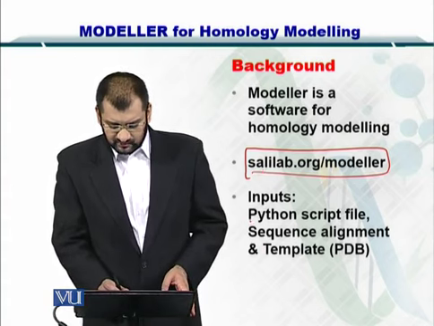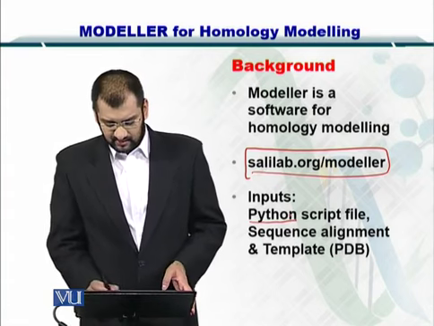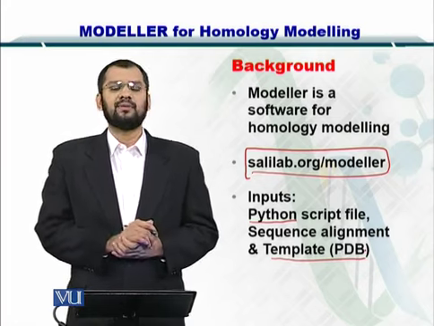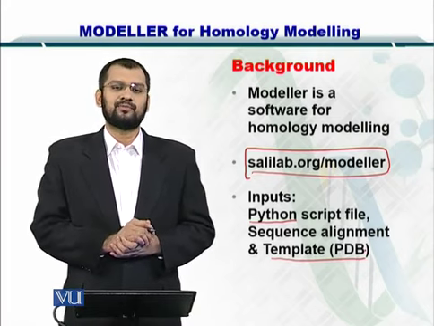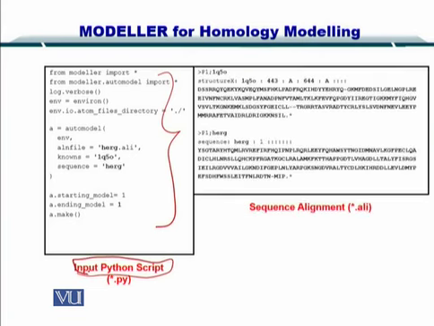So the two inputs are the Python script that you will write, and secondly, the structure of the templates, or the PDB files for those proteins. To begin with, you have to write a Python script. This will be the input to Modeler, and then it will be followed by the sequences for various proteins and their alignments.